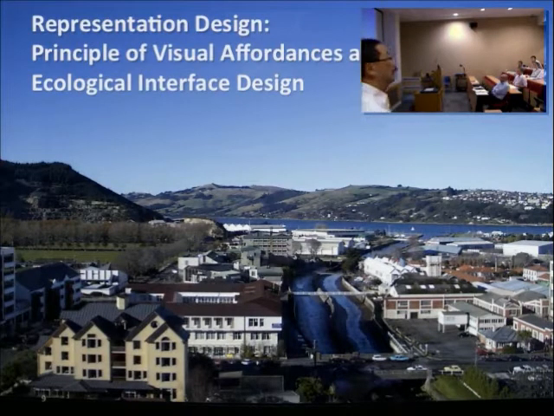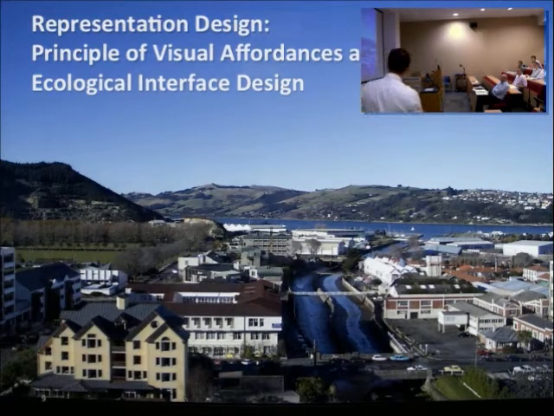Now, in the Gibsonian world of visual affordances, okay, what we're trying to see here is, how do we interpret the world? How we interpret the world is highly dependent on what we want to achieve as well. Okay, so it's situated, right?